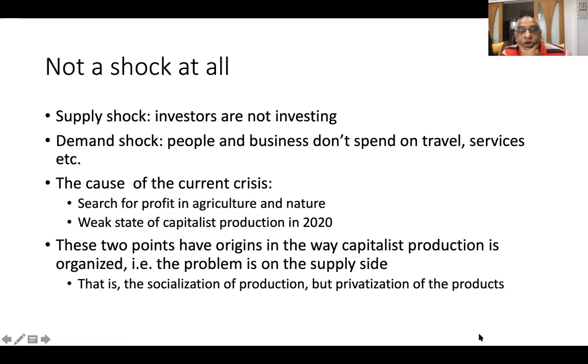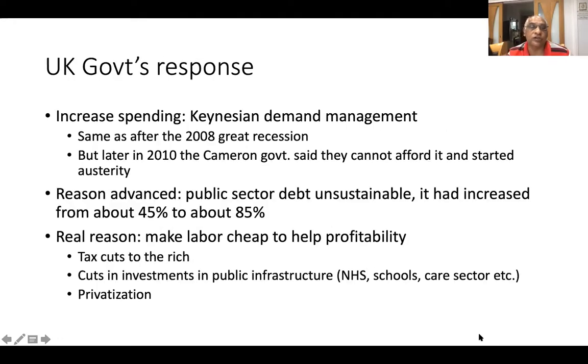These two points originate in the way capitalist production is organized. Basically, we have to look at the supply side of the economy. What do you find there? Socialization of production, but privatization of products and the surplus of the society.